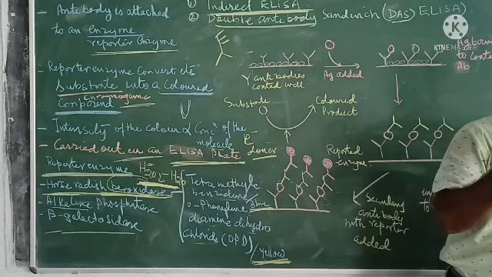So the whole structure will become like this, where the secondary antibody containing the enzyme is attached to the FC region of the specific antibody, and this antibody is attached to the antigenic determinant of that particular virus.